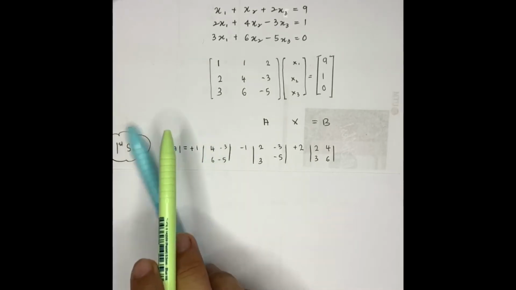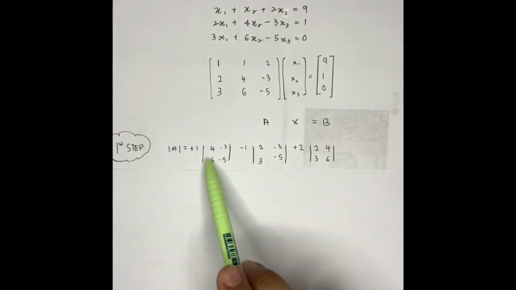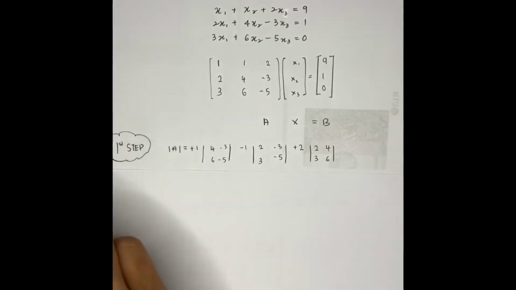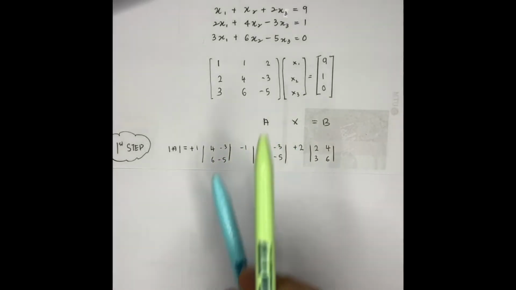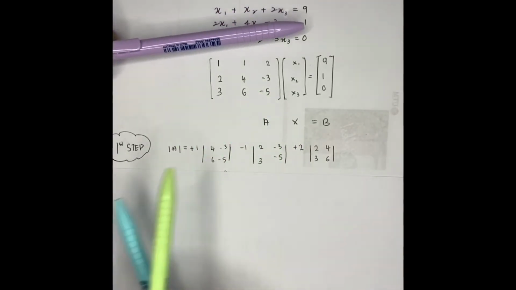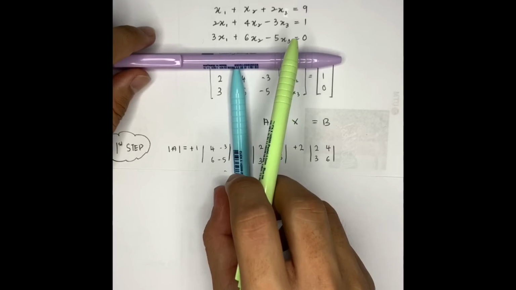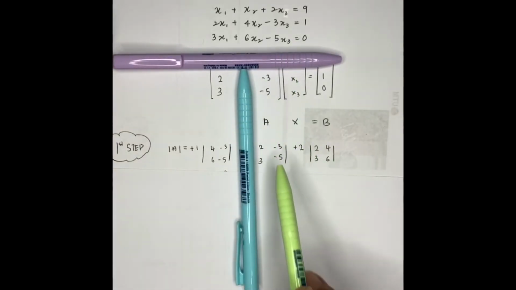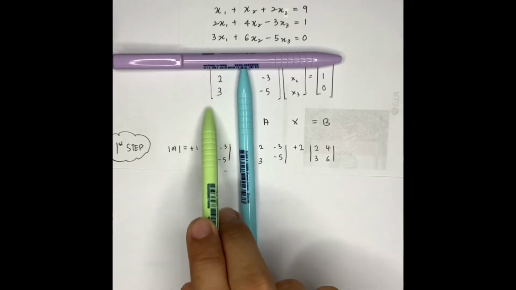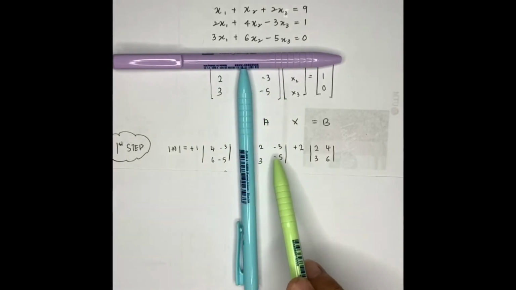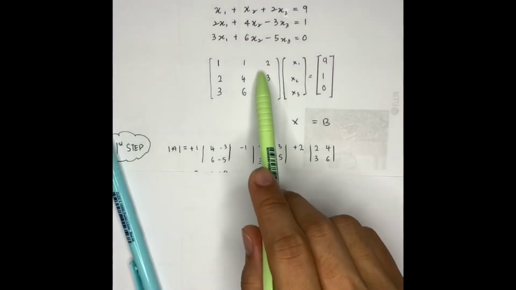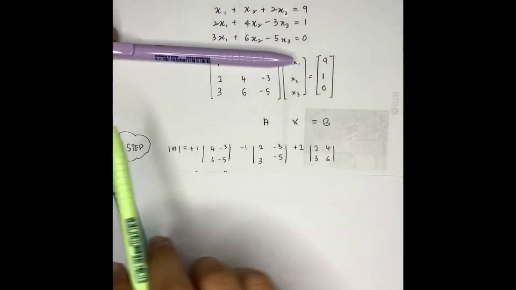So copy down the 4, 6, -3, -5. Then we go to the second value, which is 1 also. We cover the entire row and column. Then copy down the numbers left, which are 2, 3, -3, -5. The same goes for the rest, which is the third value.